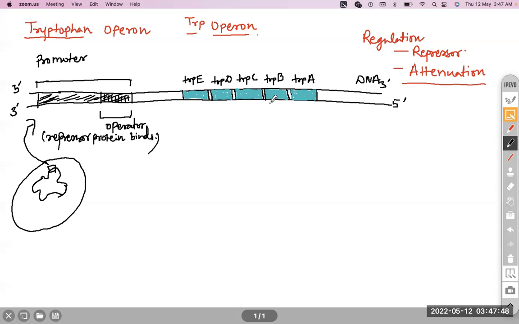The tryptophan operon is expressed, or you can say it is turned on. Expressed means turn on हो गया. When tryptophan levels are low, and this tryptophan operon is repressed or turned off when there are high levels.